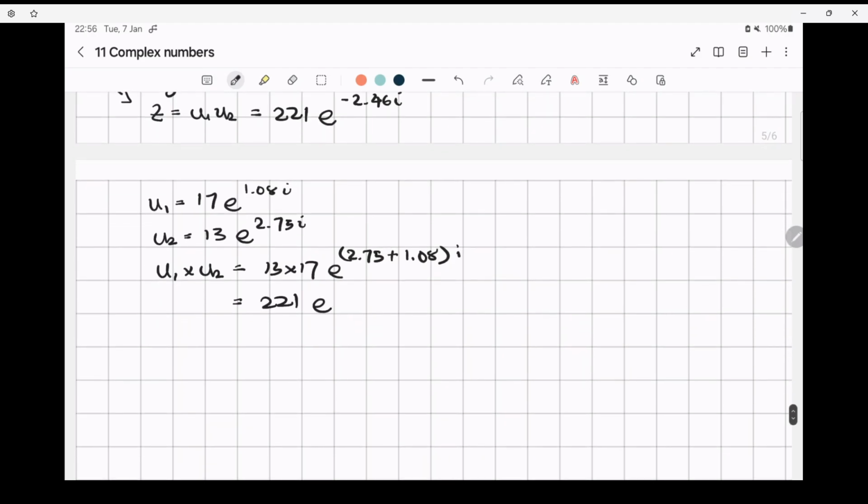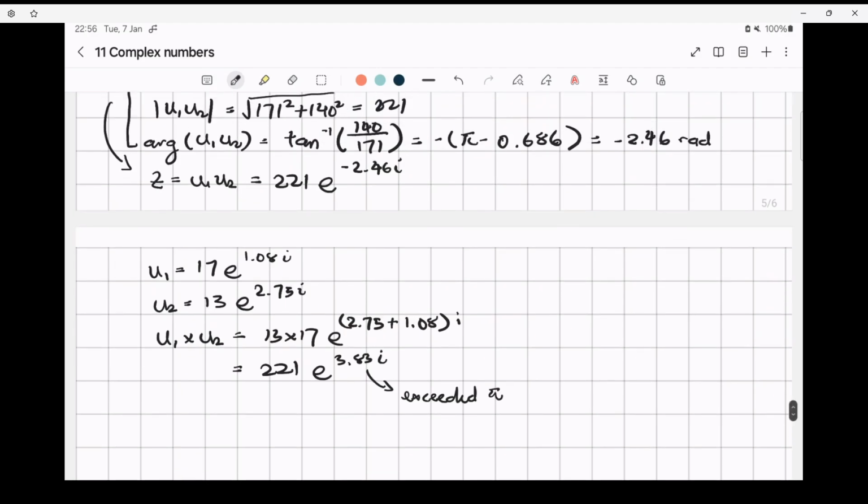But there is a problem. You get 3.83i, and this particular angle exceeded pi. So now what should we do?